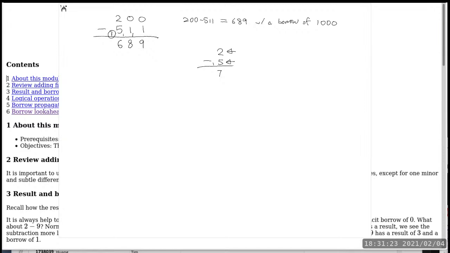And that is one of the challenges of elementary school: how do you get kids to remember 2 minus 7 is a 5 with a borrow? Because you need that in order to carry out multi-digit subtraction. But when we move on to base 2, it is easy peasy.